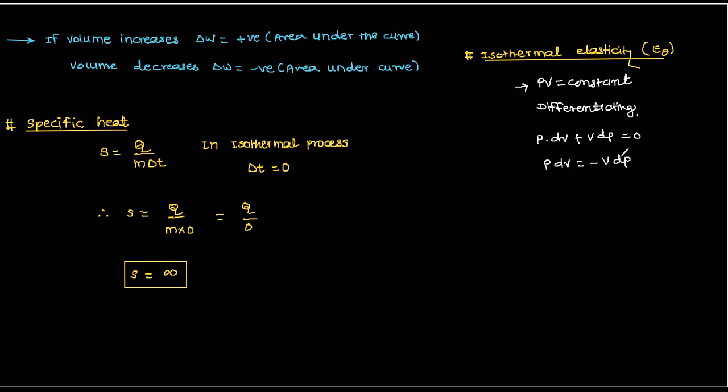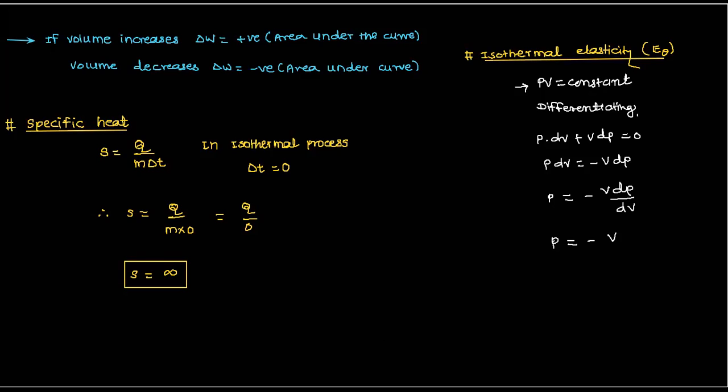If I want only P, transfer this to that side, so minus V dP divided by dV.